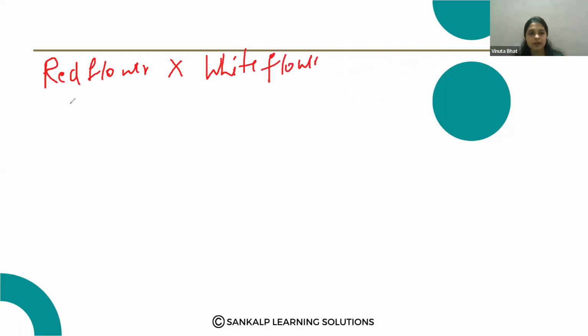Okay. So here capital R is the genotype, and here capital W and capital W is the genotype.